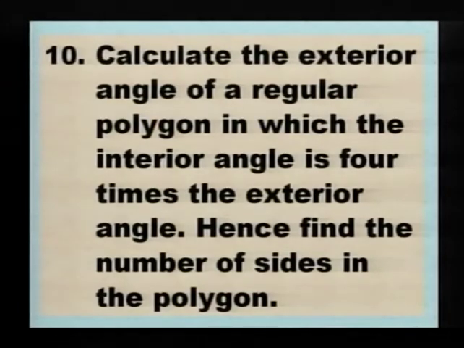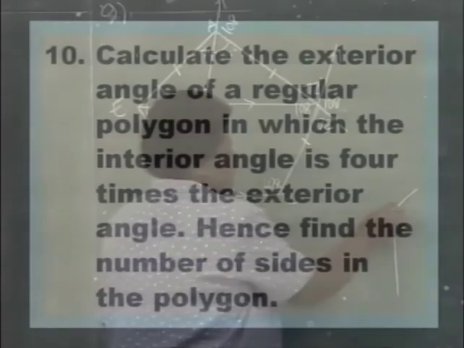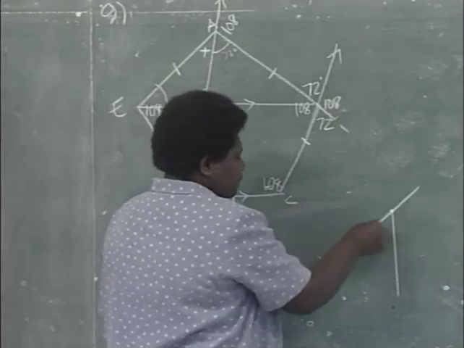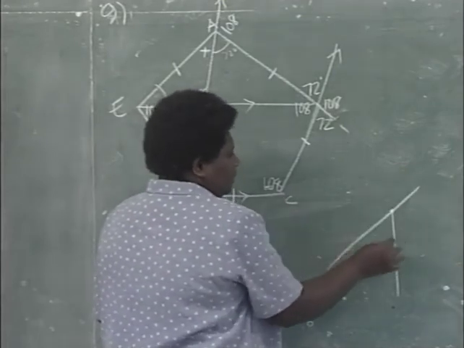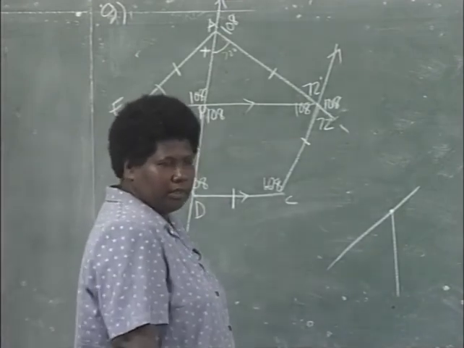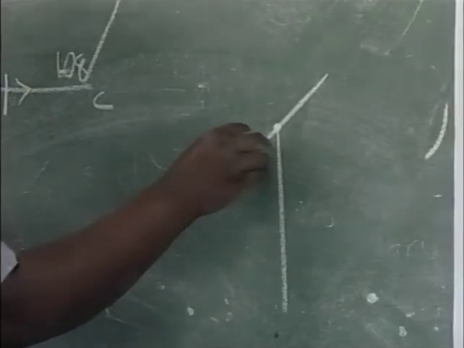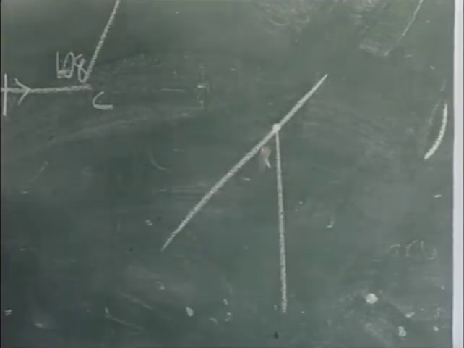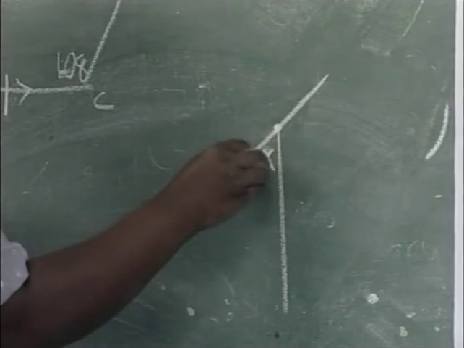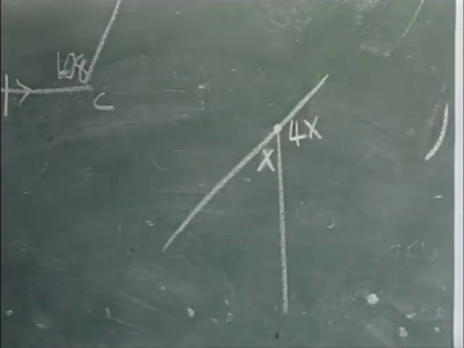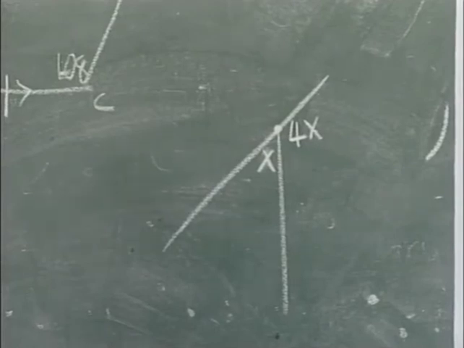If this is the point where the lines of a regular polygon meet, let's say this one is the inside, the other way around. If this one is the outside, the exterior angle, the inside one will be 4x. That's what the question is saying.